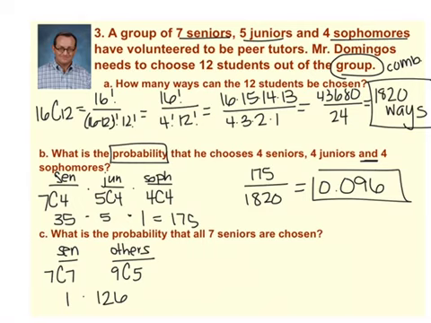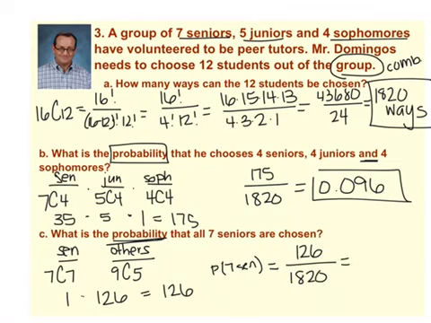Since we're looking for both of them to happen, we are multiplying. So we get 126. So the probability of all 7 seniors is going to be 126 divided by the total options, so 1820, which is going to give me 0.069.